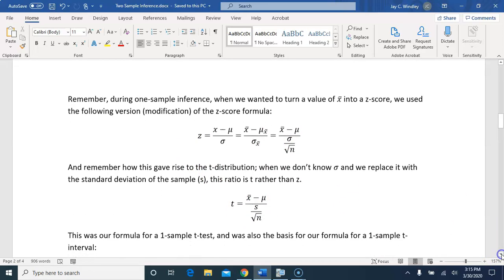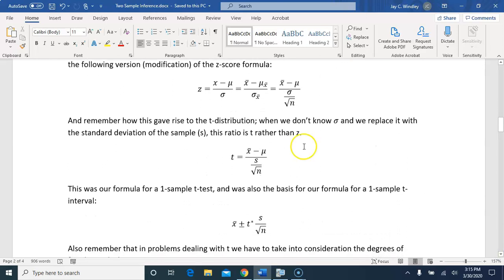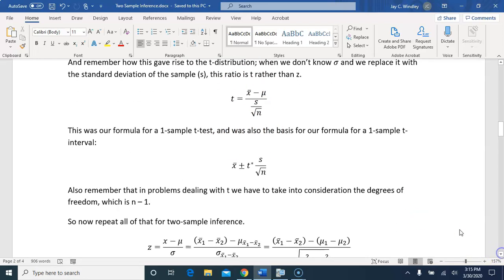So we're going to see something similar with the two-sample case. Remember that this formula involving t was basically our formula for a one-sample t-test, and a slight modification or rearrangement of that formula became the formula for confidence interval, a t-interval.